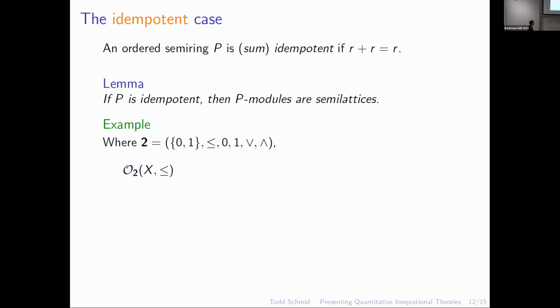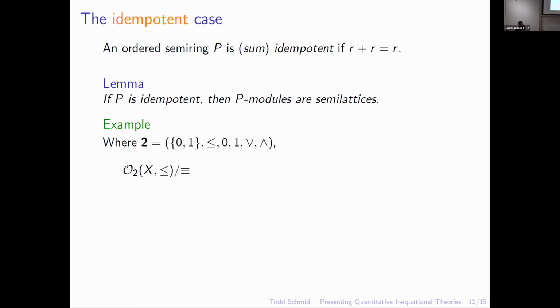Here's a famous example. If you take P to be 2, the 2-element ordered semi-ring, just ordinal 2, with the usual operations, it actually turns out that the free 2 module on a set is actually just the finite power set, all the finite subsets.